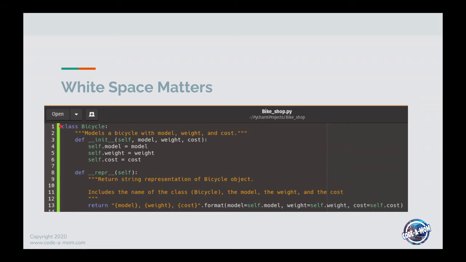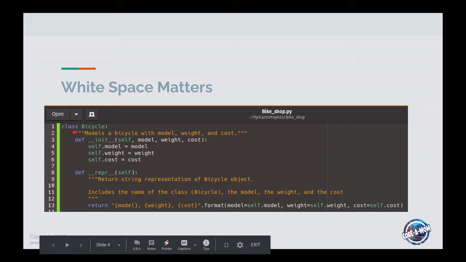Your main class or function, or whatever it is that you're going to do, is going to start on the left, and then if it's part of that same block of code, it's going to be indented under it. So you see here we've defined a class, and everything below it is part of that class.